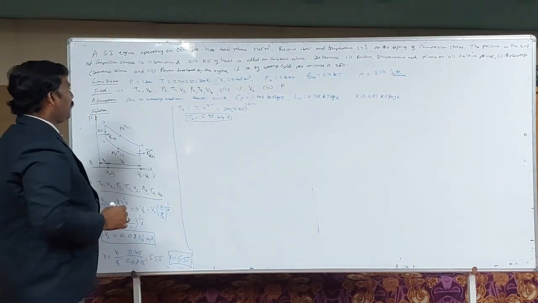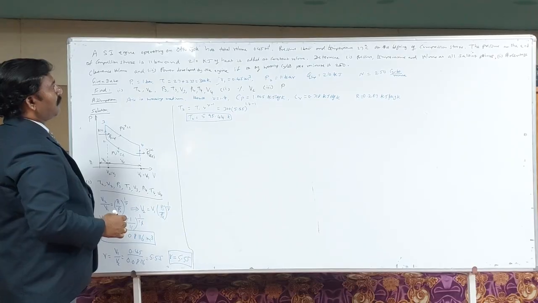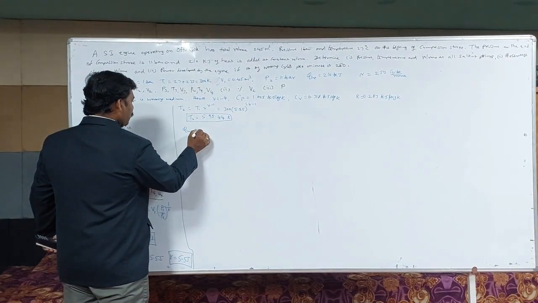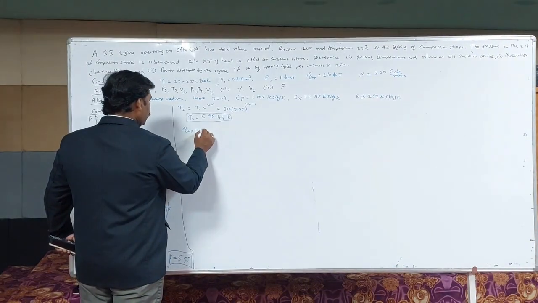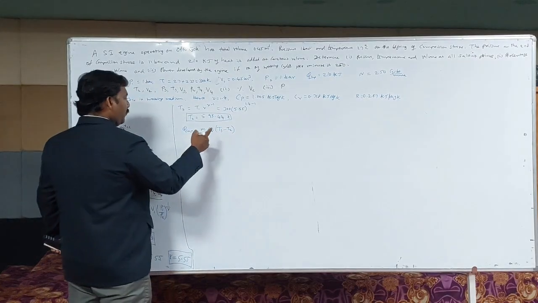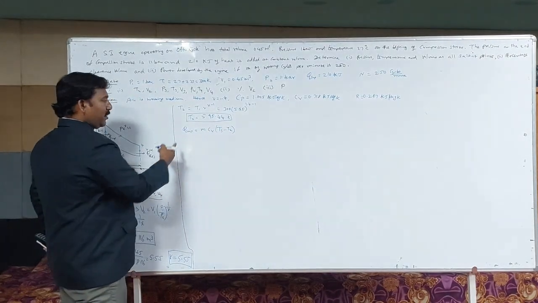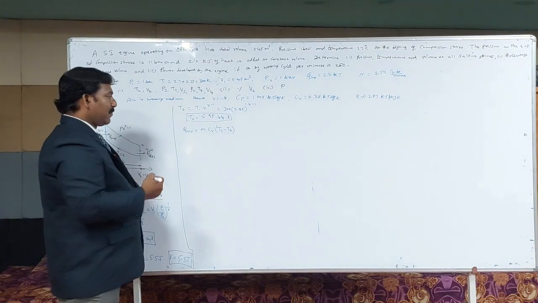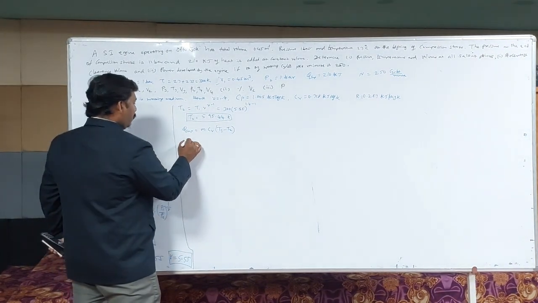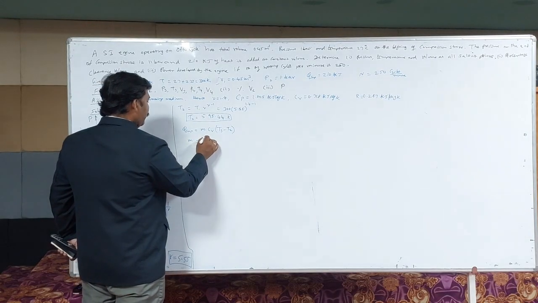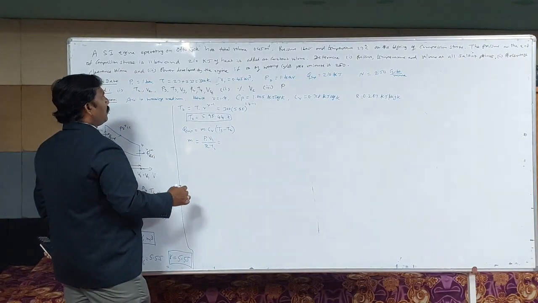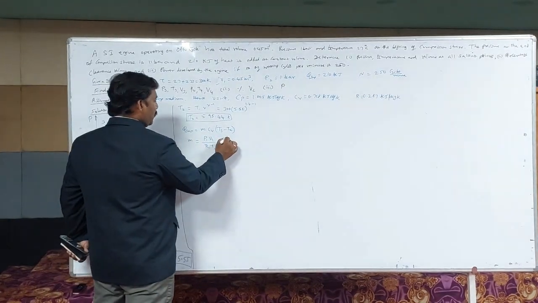Now we have to find T3 because the heat added at constant volume is given. So we can write heat supplied is equal to mass into Cv into T3 minus T2. Here we know T2, we know Cv and we know heat supplied. Once we find mass of air handled per cycle, we can get the T3. So how to find mass of air handled per cycle? M is equal to P1 V1 divided by RT1. The pressure at initial stage is 1 bar, that I am substituting in terms of kilopascal.